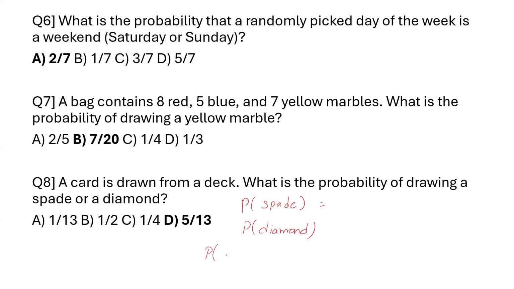And probability of a spade or diamond is equal to probability of spade plus, or product? It is a plus because or is written, right? Or this plus probability of diamond. This will give you your final answer.